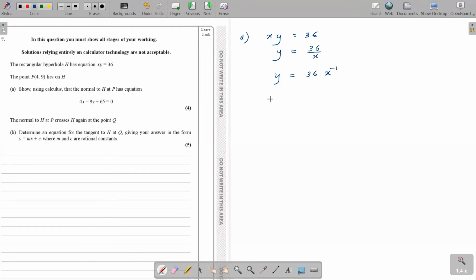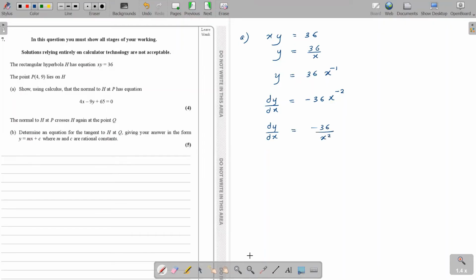Now we can go for dy by dx. y is the subject. So dy by dx equals, when we differentiate, we take the minus 1 in front, minus 36 x to the power minus 1, you subtract 1, minus 2. Are you with me? So basically your dy by dx is minus 36 over x squared.